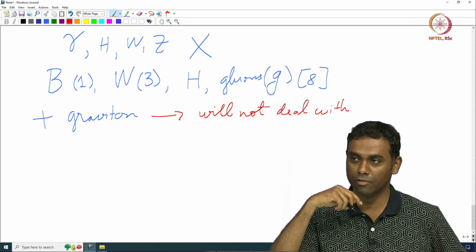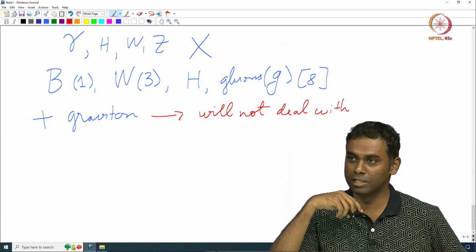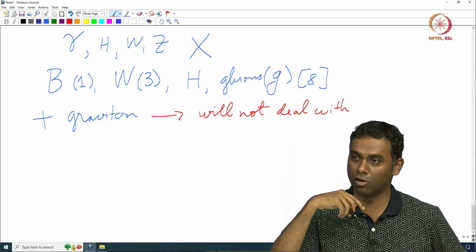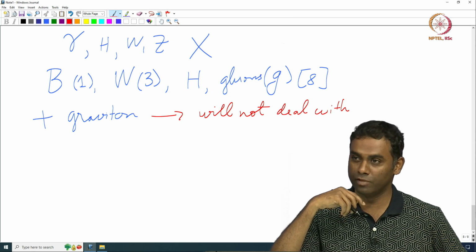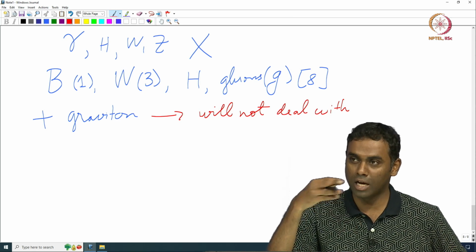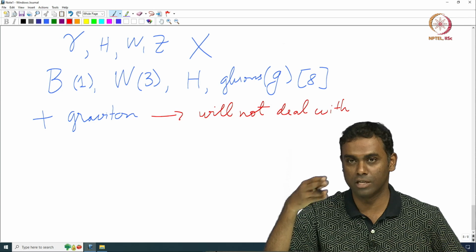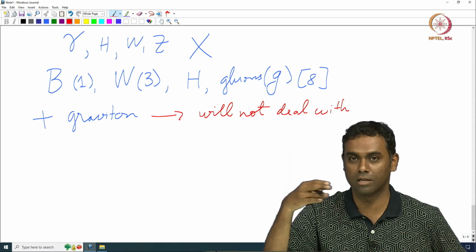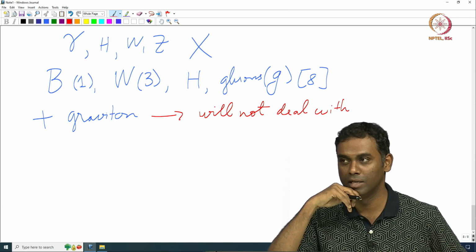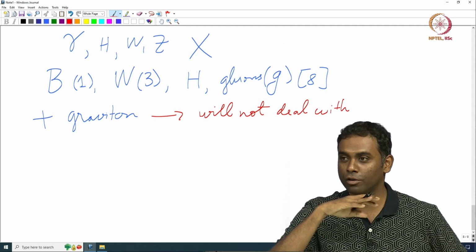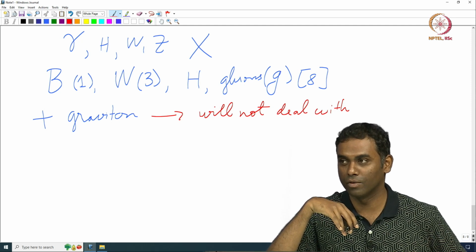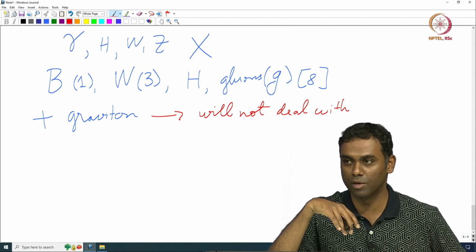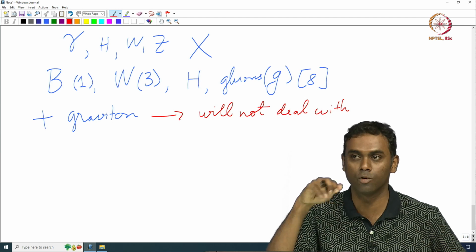The field theory is very difficult, and it is probably a string theory, probably not. There are dualities through which we understand and so on, and for that you need to take courses on string theory and ADS CFT, etc., black holes and so on, right. So we are not going to deal with gravity in this course, okay, unless absolutely necessary, but definitely not at the quantum level. We are not going to talk about gravitons in this course.